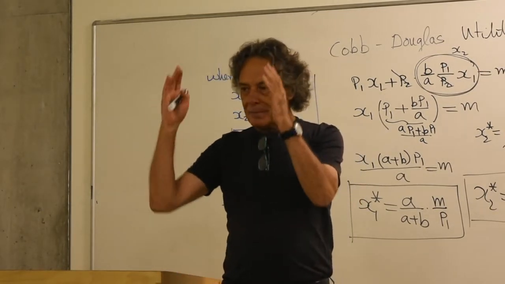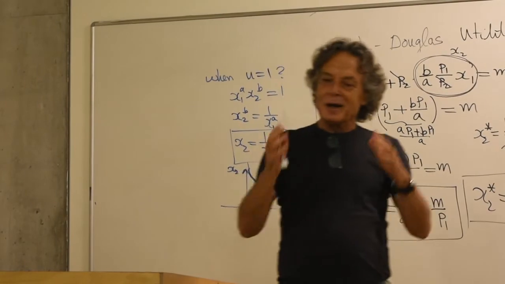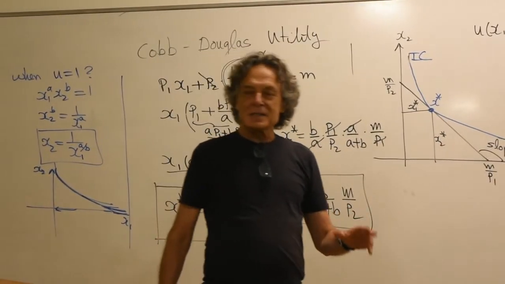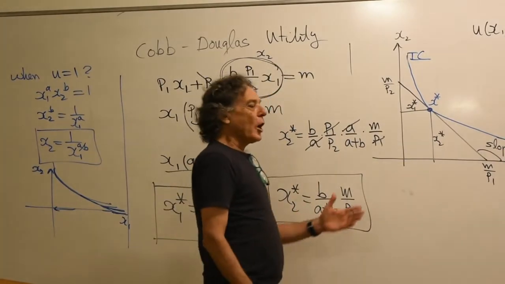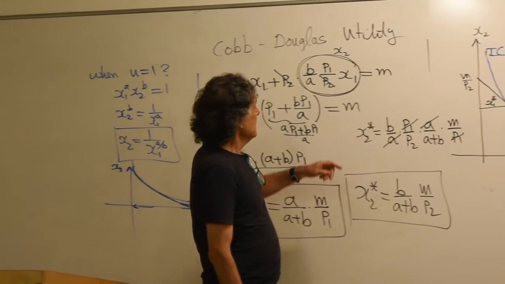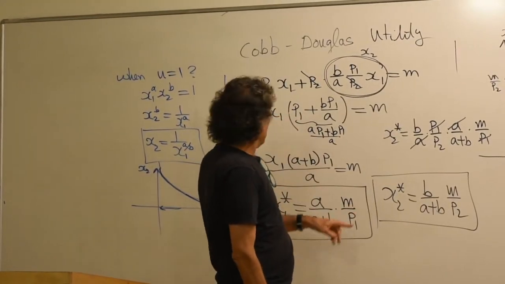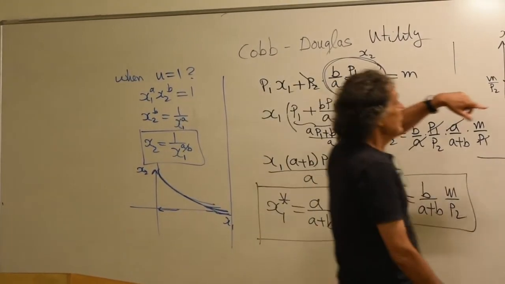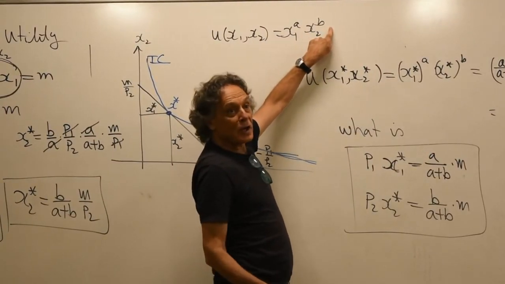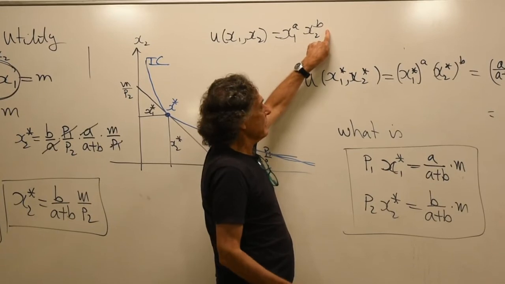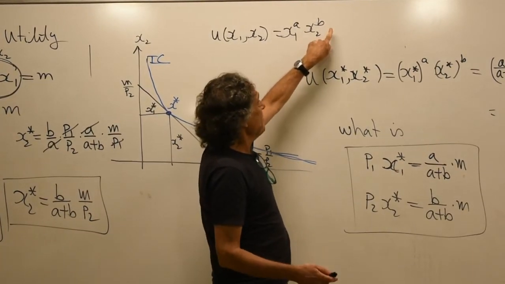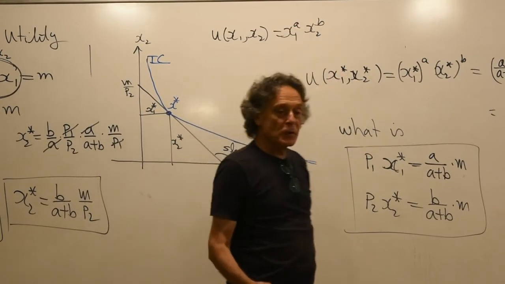You take your money and you split your income into 2 parts, and the proportion of the income that you spend on good 1 is just the proportion of the power, A over A plus B. And the proportion of the expenditure on good 2 is B over A plus B of your income.